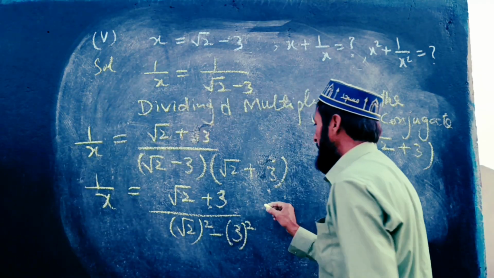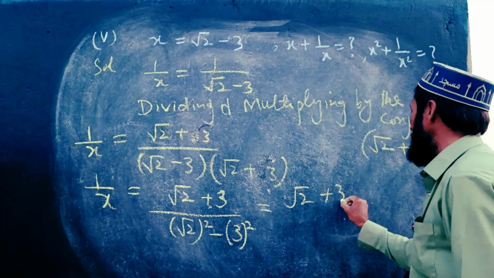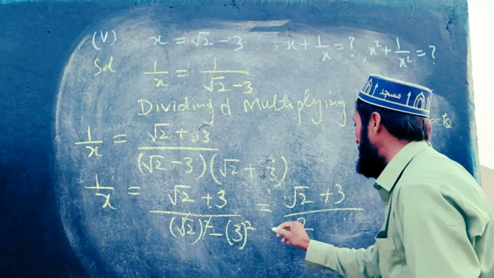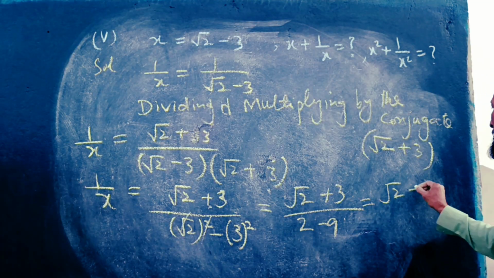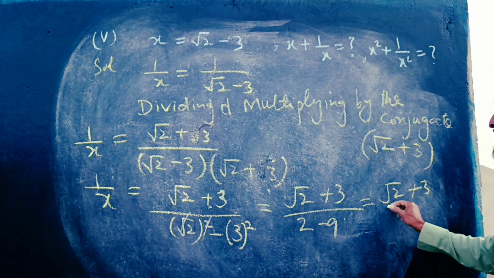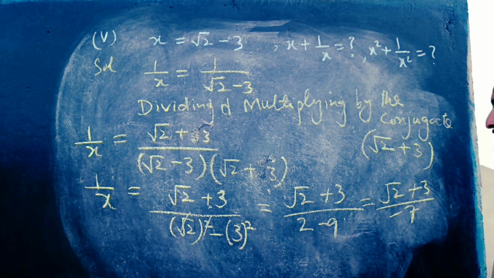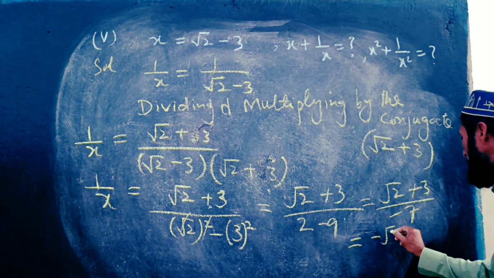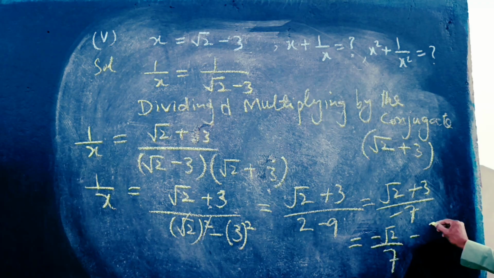Further we can simplify: square root of 2 plus 3 divided by 2 minus 9, so square root of 2 plus 3 divided by minus 7. So further this result we can write as minus square root of 2 divided by 7 minus 3 by 7.